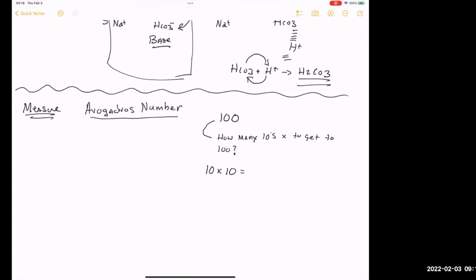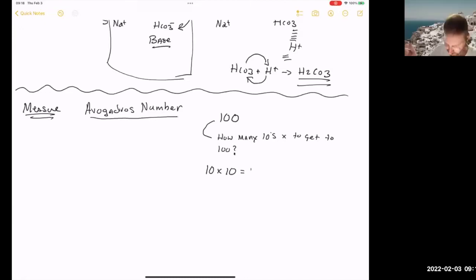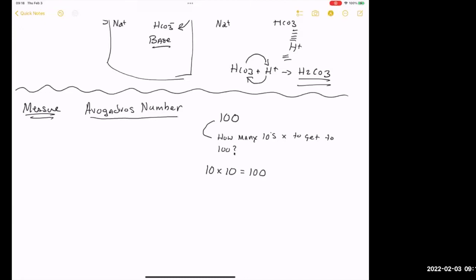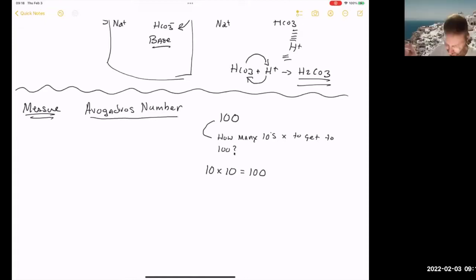All right. So 10 times 10 is 100, right? So I need 2 tens multiplied to get to 100. Does that make sense? Everybody okay there?